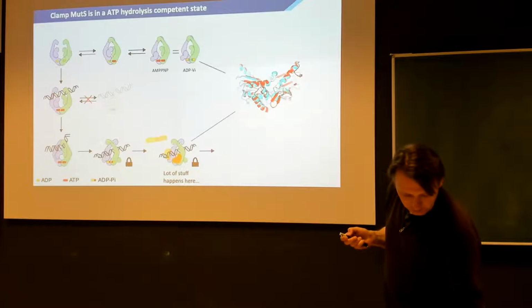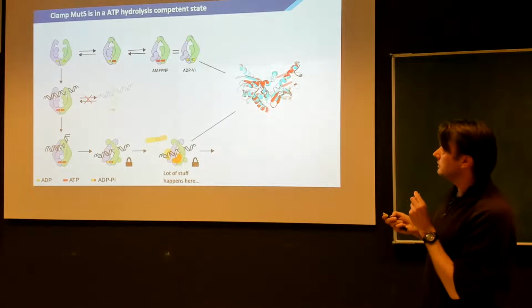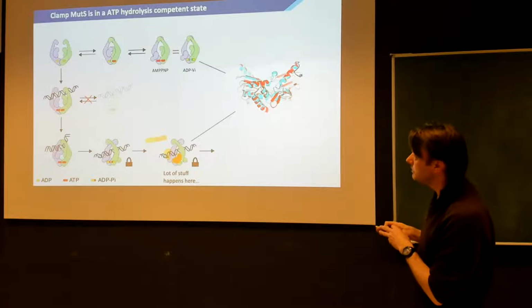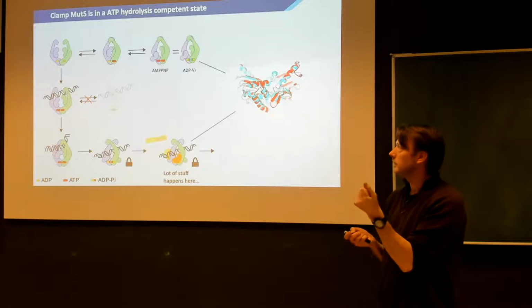So the first hypothesis why mutase is stuck on the DNA was that people hypothesized that maybe when it's bound in this state, it cannot hydrolyze ATP, so ATP holds it on the DNA and it can't go anywhere.